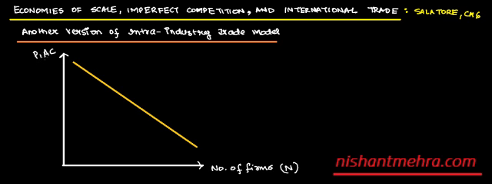You have price and average cost on the vertical axis while you have number of firms on the horizontal axis, and we have drawn this as a negatively sloped curve, this P curve. Note that all firms are selling at the same price. I'll explain the reason why you have a negatively sloped curve.